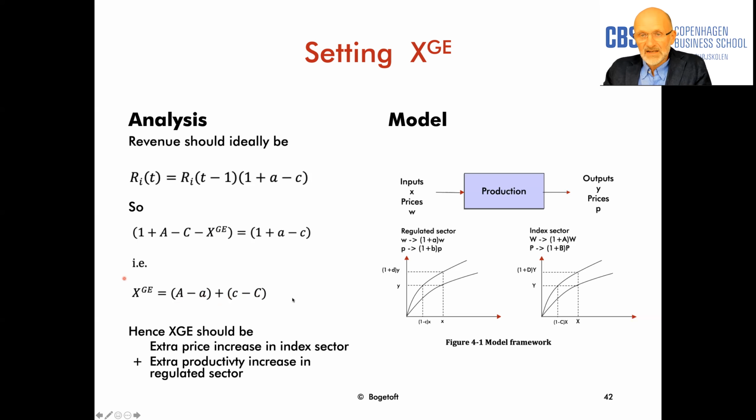So basically XGI is not supposed to be just how the frontiers shift in the competitive industry. It is supposed to be the extra pricing increase in the index sector here, plus the extra productivity increase in the regulated sector, which is this one here. So that is something that is often misunderstood. You think that you can just go out and see how productivity develops in some other sector, and then you require everyone in the regulated sector to follow that. But you have to be careful with that.